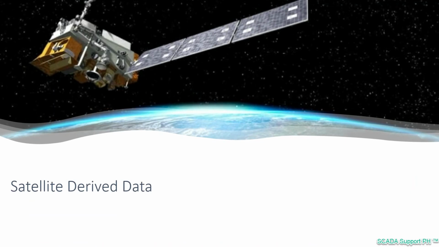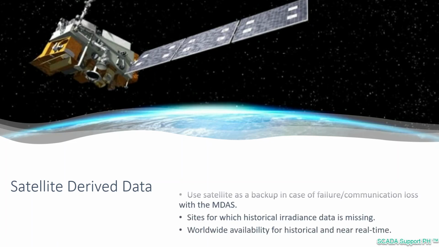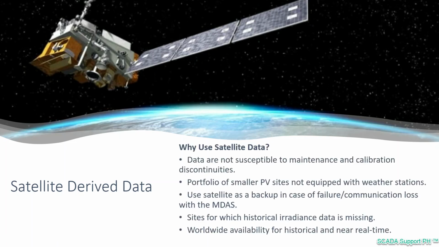Another good strategy, or a replacement for ground measurement data, occasionally or permanently, is the use of satellite-derived data. One advantage of a satellite resource assessment is that data are not susceptible to maintenance and calibration discontinuities.